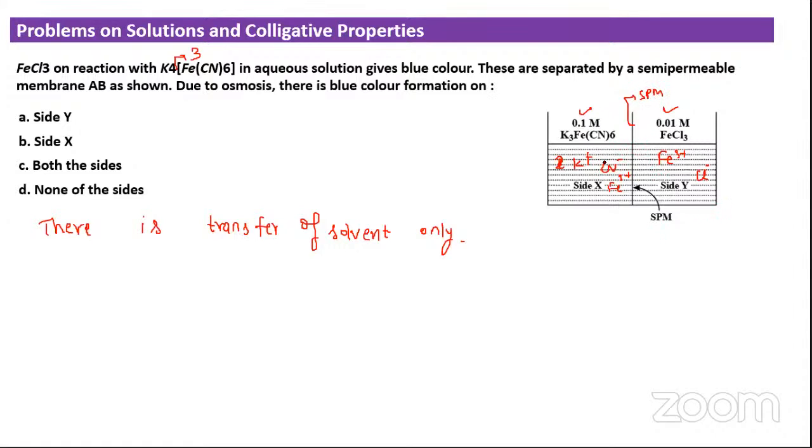ठीक है. तो अब जब तक ये आयंस एक दूसरे के कांटेक्ट में नहीं आएंगे, देयर वोंट बी एनी रिएक्शन, so there won't be any blue color formation. And semi permeable membrane के through there is only and only transfer of solvent. No transfer of solute takes place.